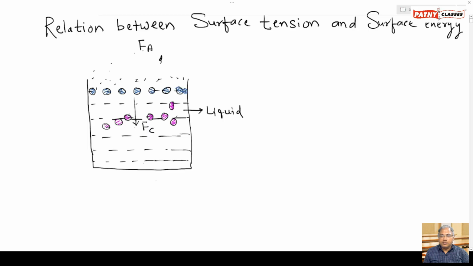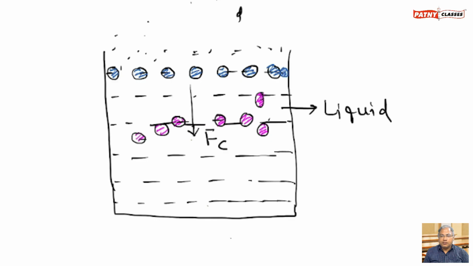Here is one more molecule near the walls of the container. So these molecules which could not come into the liquid attract each other, and due to the attraction they come closer to each other.